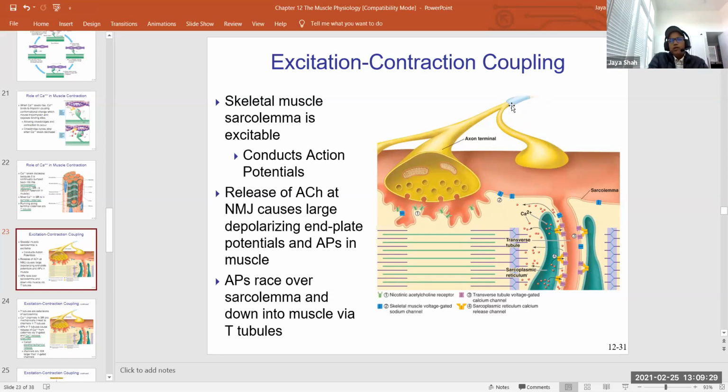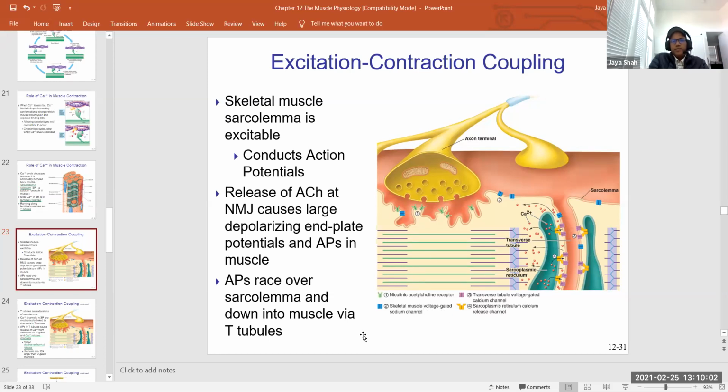So when the motor neuron brings the action potential at the nerve terminal, they release neurotransmitter through the vesicle, and this neurotransmitter then binds with, you see, number one, the nicotinic acetylcholine receptor on the skeletal muscle plasma membrane. Number two, skeletal muscle voltage-gated sodium channels open.